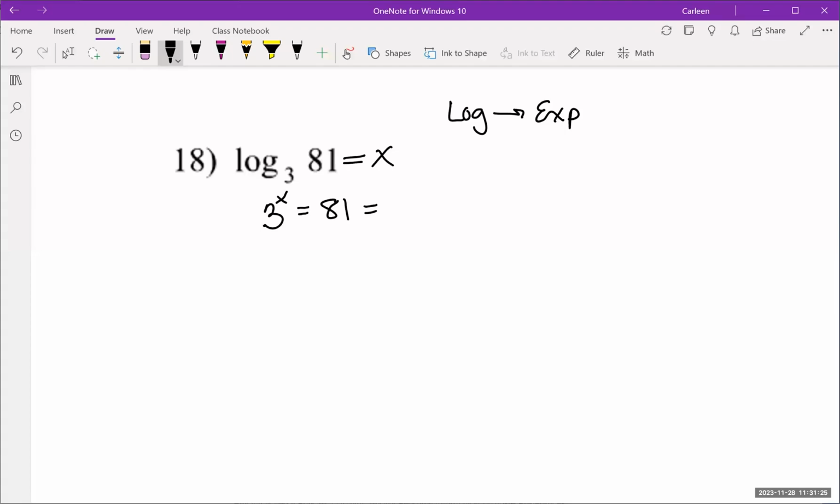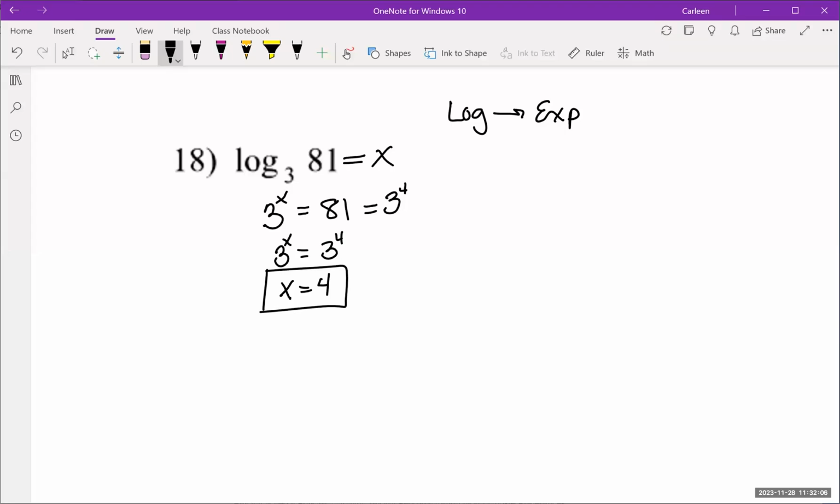Okay, I look at the chart of powers and I see that 81 is 3 to the 4th power. Oh, hello. Hello. Is that for Advanced Algebra? Oh, and geometry? Yes. So 3 to the x equals 3 to the 4th. If the bases are the same, then the exponent is the same.